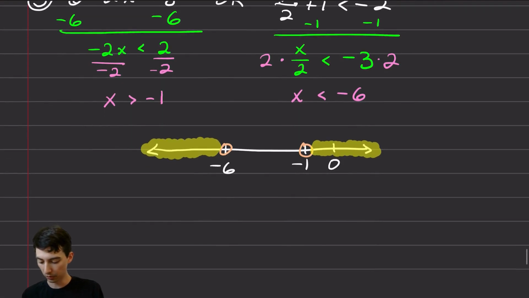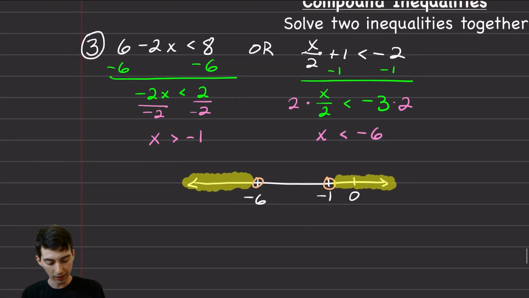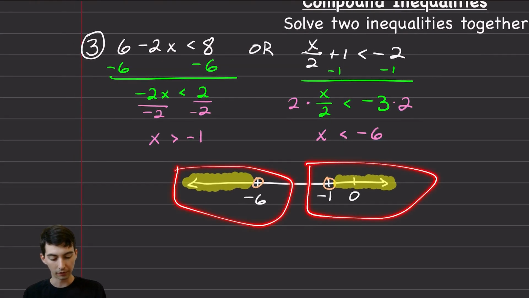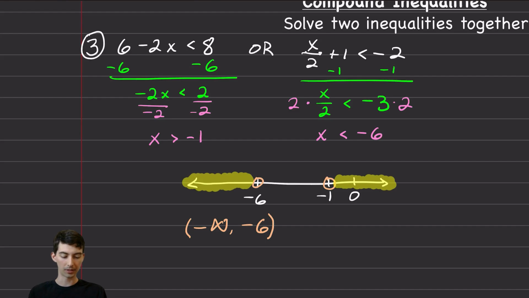And so now I'm going to write this in interval notation. What we're going to do is basically write two different intervals, one for this and one for this. Starting on the left, I see that I'm going down to negative infinity, and I'm coming up and stopping at negative 6. And that negative 6 is not included, so it gets a parentheses.